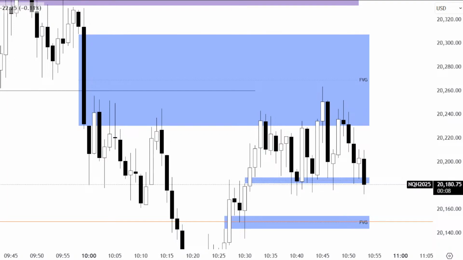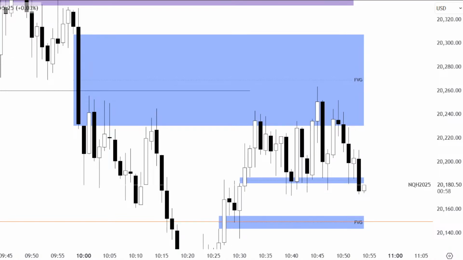Right, let's see what's going to happen now. At that little fair value gap, maybe it inverts now and goes back to test the bottom one. Like, there we go.